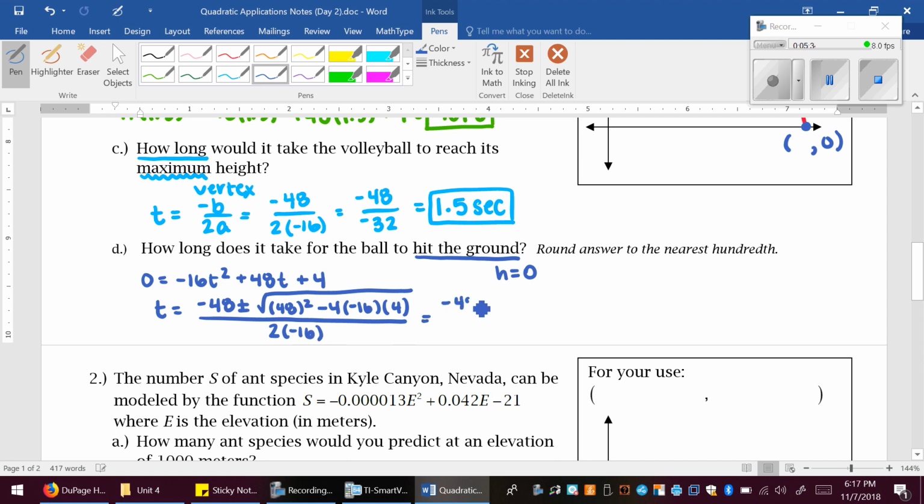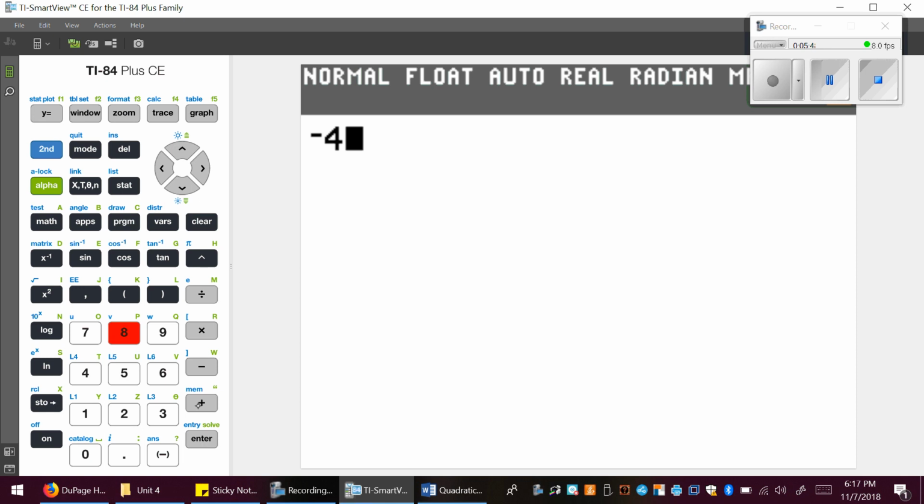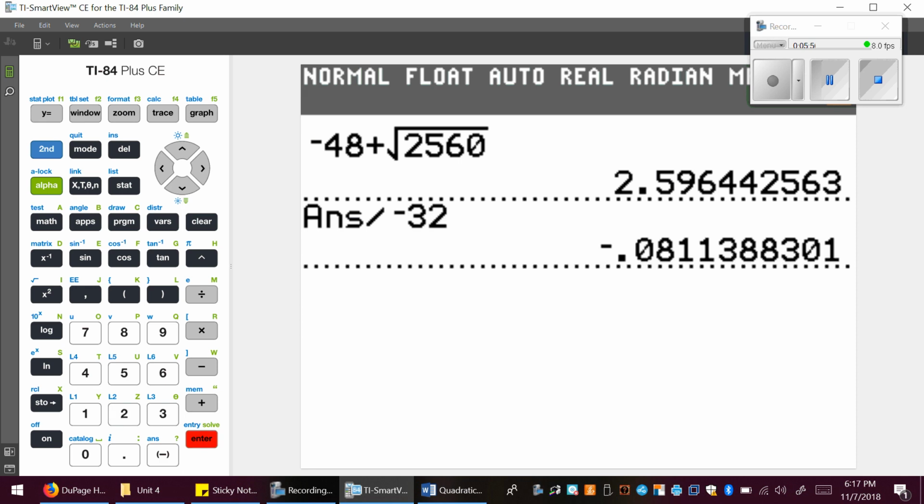If you type the discriminant into your calculator, you get 2,560. And if I go back to my calculator and type in negative 48 plus the square root of 2,560, hit enter first and divide by negative 32, I get about negative 0.08.